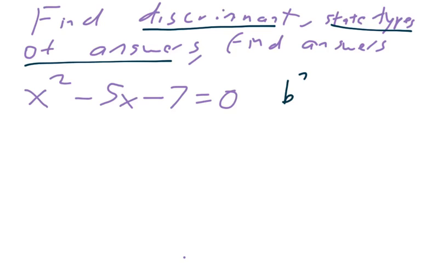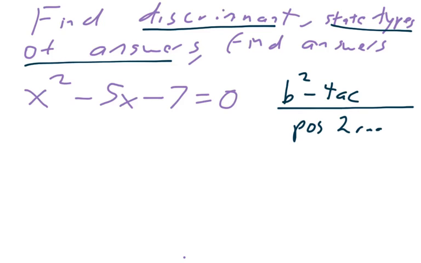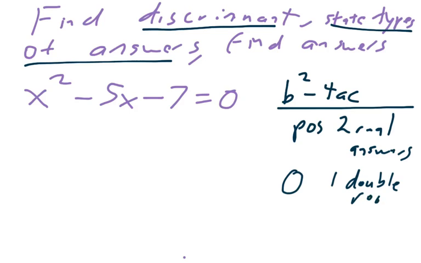So the discriminant is b squared minus 4ac. And if the answer is positive, there will be two real answers. If the answer is 0, we will get one double root. And if the answer is negative, we get two imaginary answers.